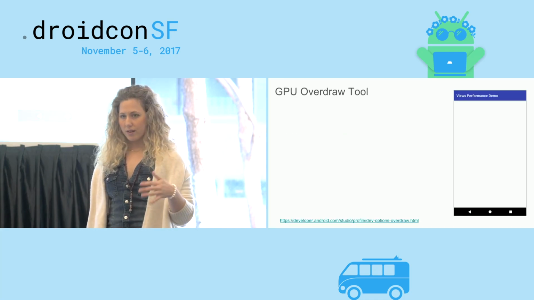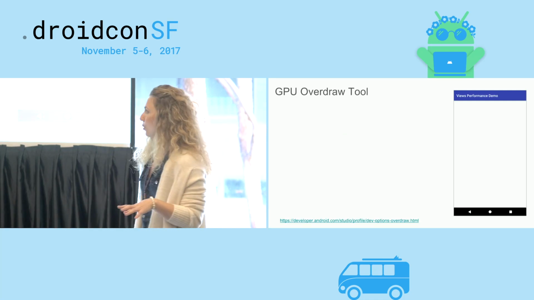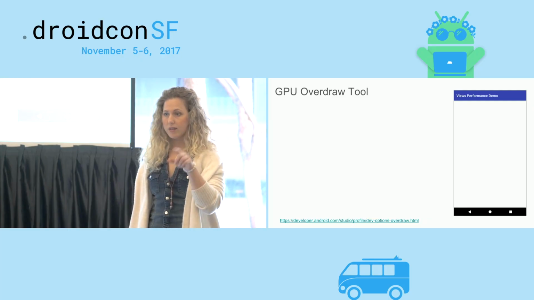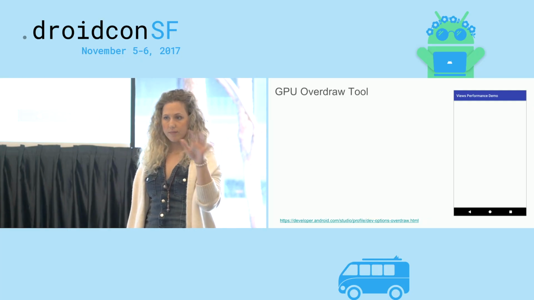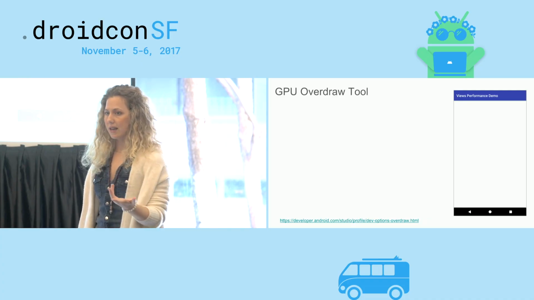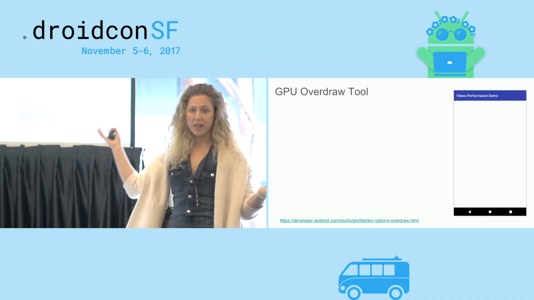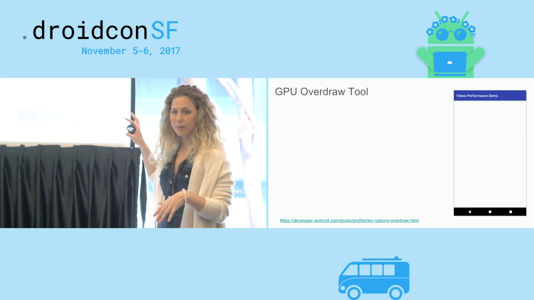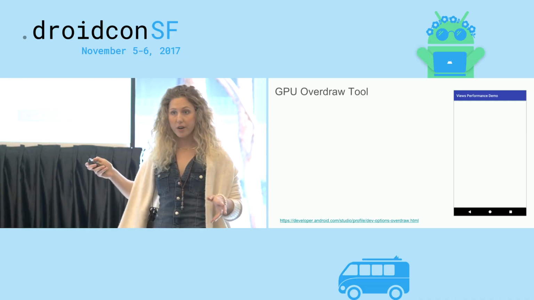Hopefully you know that there's a very awesome tool, which is the GPU overdraw tool, that you can set up in the developer settings on your phone, on your actual device. Here, everything is white, but I drew some objects here.